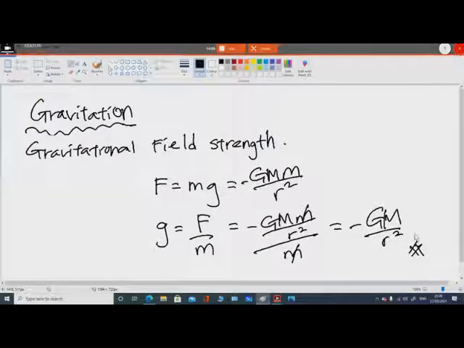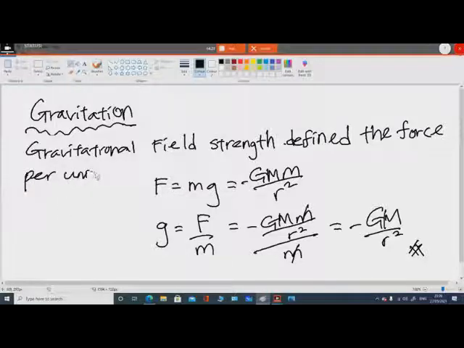In terms of a qualitative explanation, gravitational field strength is defined as the force per unit mass acting at a certain point.